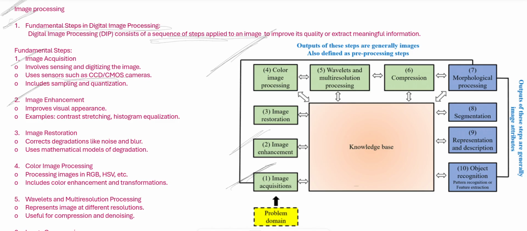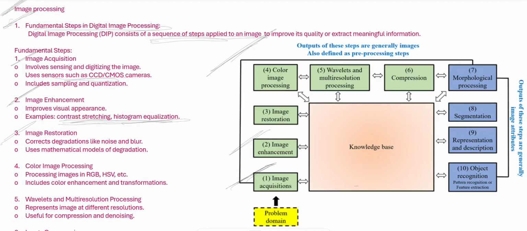It is subjective in nature. Generally, it improves the visual appearance. For example, histogram equalization and contrast stretching. We'll see what these are in further videos. So, just write an example in the exams as contrast stretching or histogram equalization.